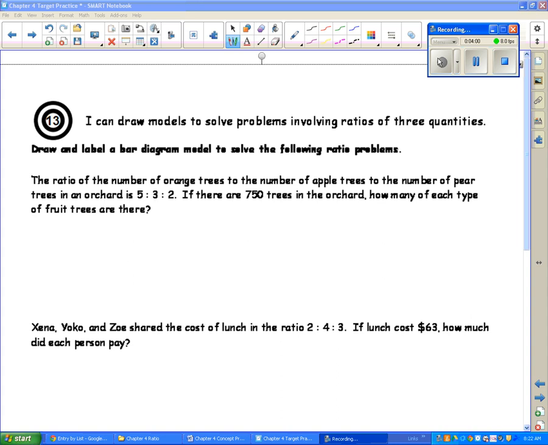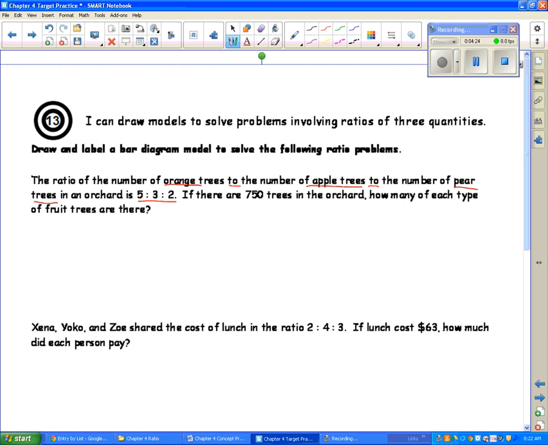The ratio of the number of orange trees to the number of apple trees to the number of pear trees in an orchard is 5:3:2. If there are 750 trees in the orchard, how many of each type of fruit trees are there? So again, I'm going to start by drawing a bar diagram to represent each item.